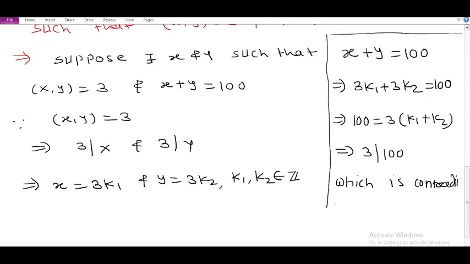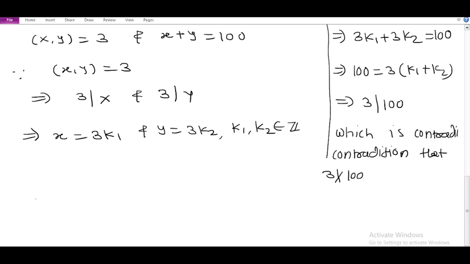This is a contradiction, since 3 does not divide 100, and hence the proof.